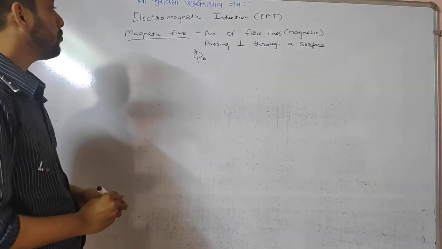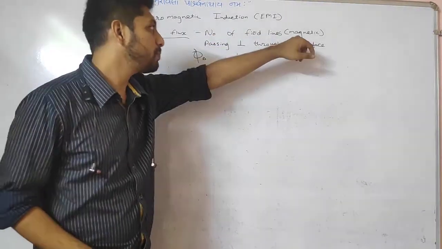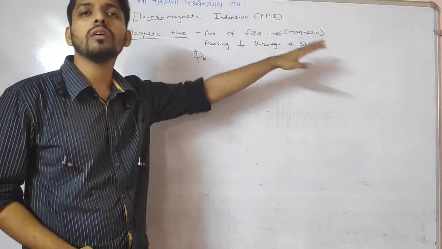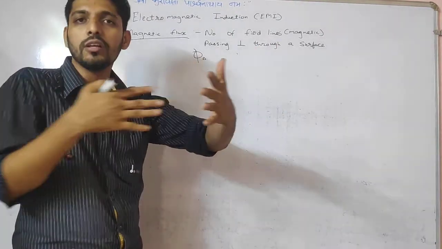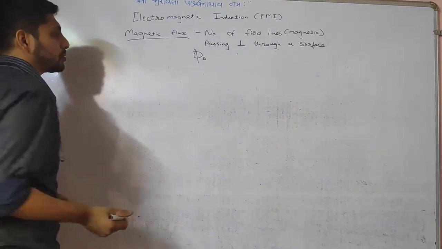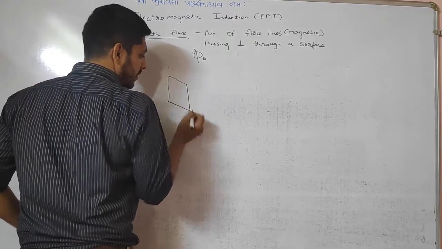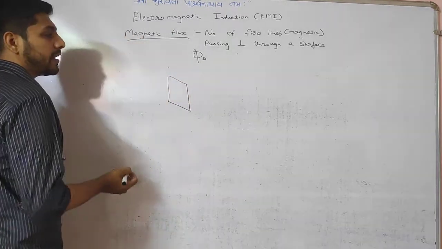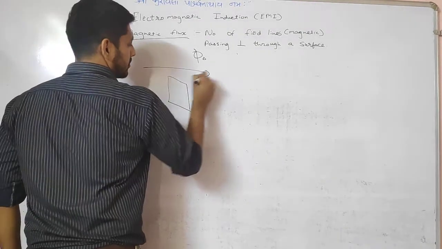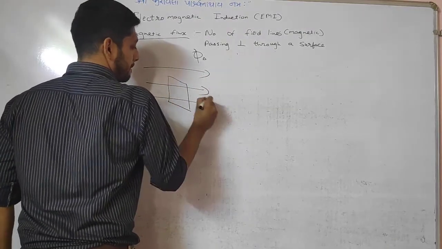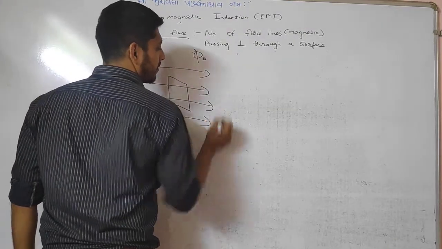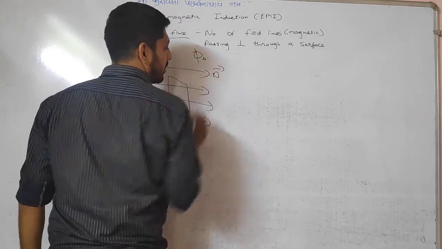Okay. So what is magnetic flux? Number of field lines passing perpendicularly through the surface. Suppose I have a surface over here, and I keep it in an external magnetic field. Suppose this is a magnetic field.